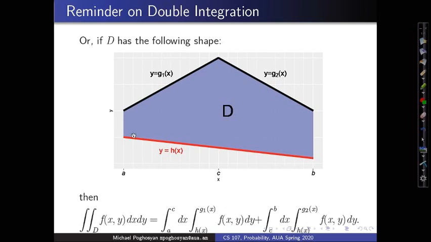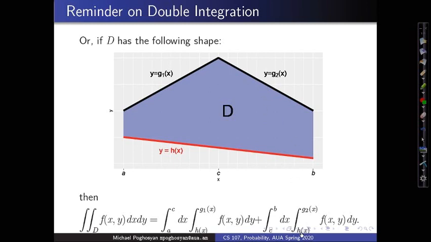This part will give the integral of f over this region, and the next part is for the right part of our region, given by the integral from c to b. So x is moving from c to b, dx, and for each x between c and b, y is moving from h of x to g2 of x.